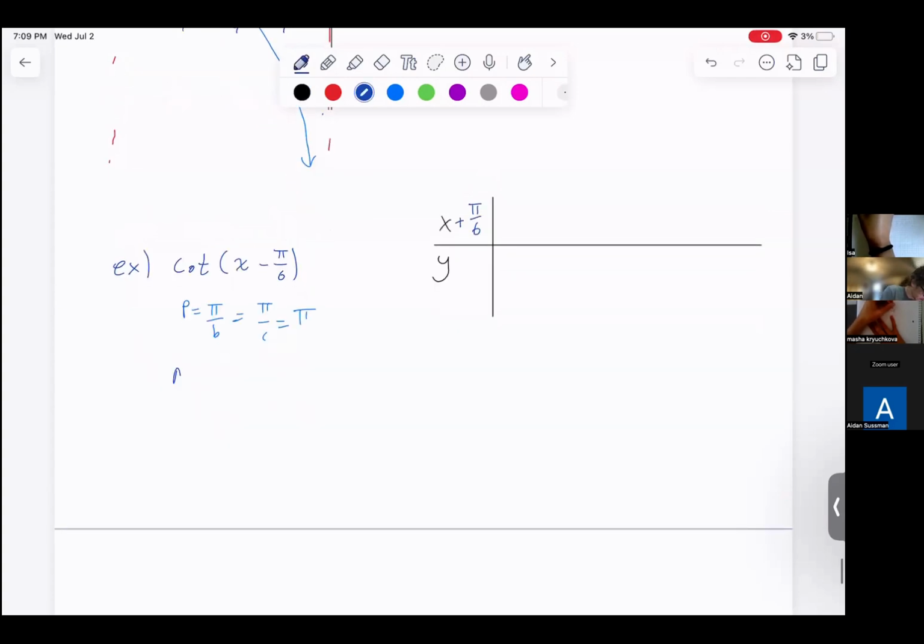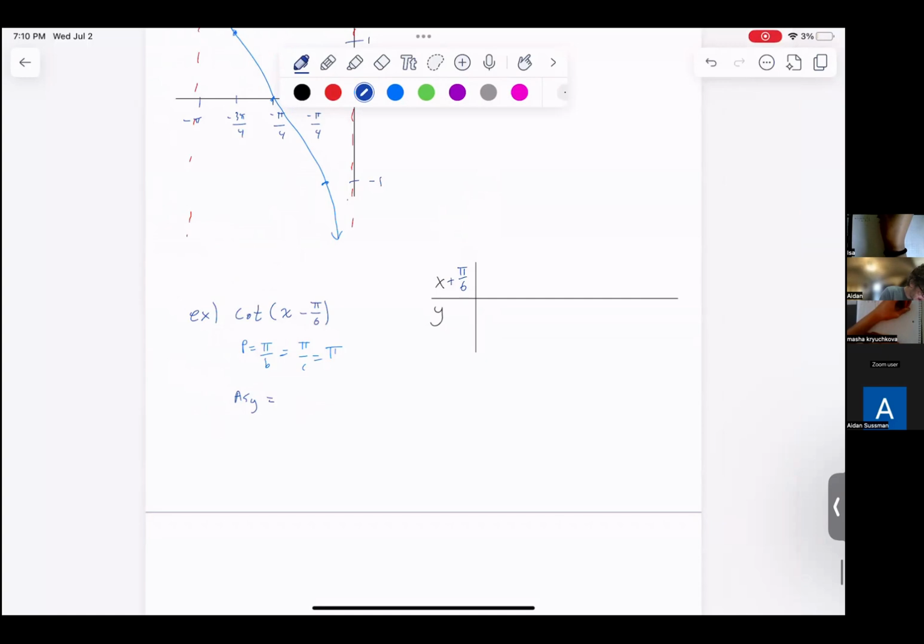And then of course, let's label what our asymptotes are. Well, actually, let's do it like this. Let me just label this pi.